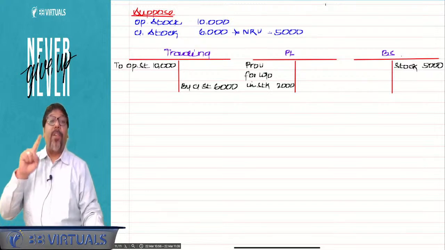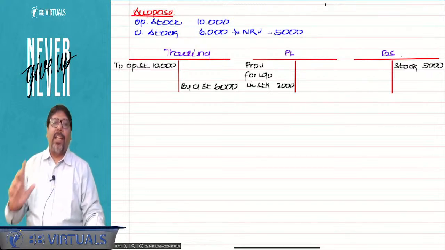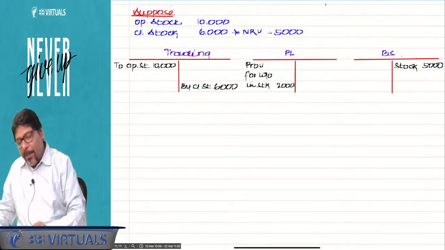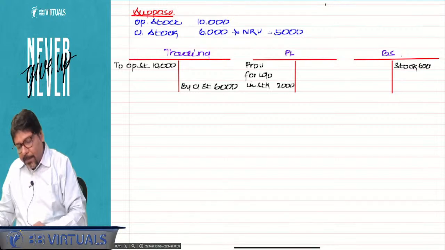That means in the balance sheet you will get 6 less 1,000, outer column 5,000.